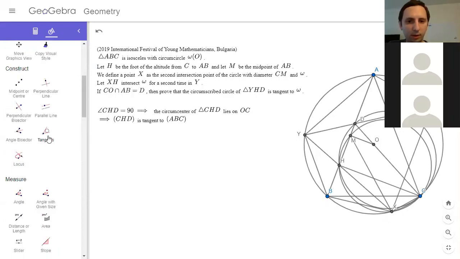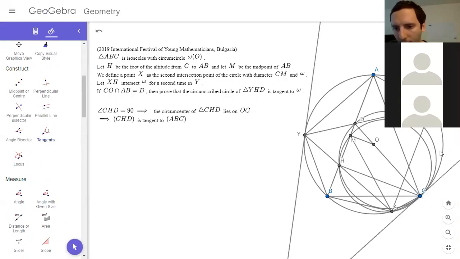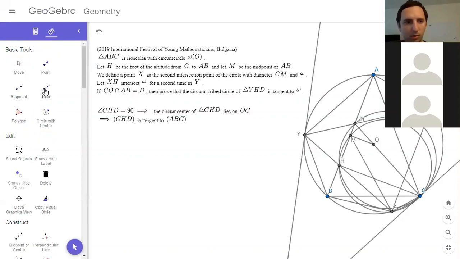Yeah, by definition of median, we know that they would concur somewhere on AB. Yeah, we are assuming here that CY is a median. We have to prove it. I think that would be something related to harmonic conjugates.